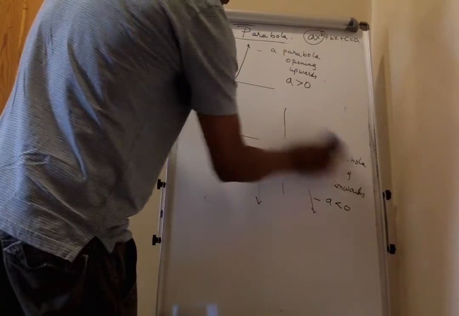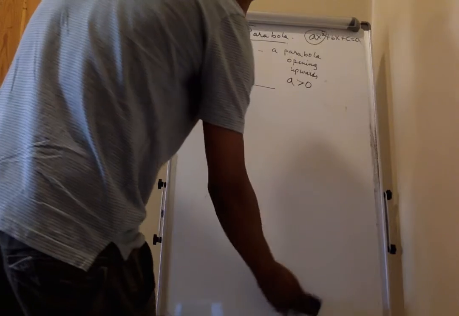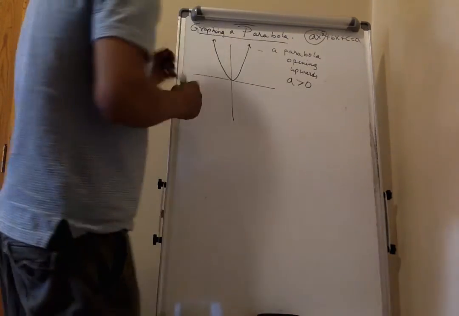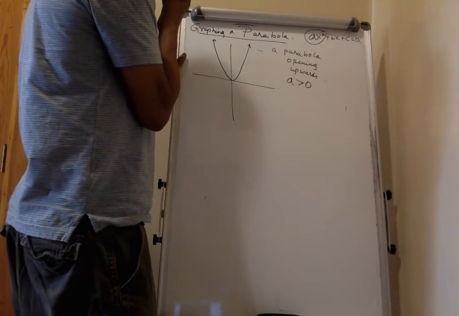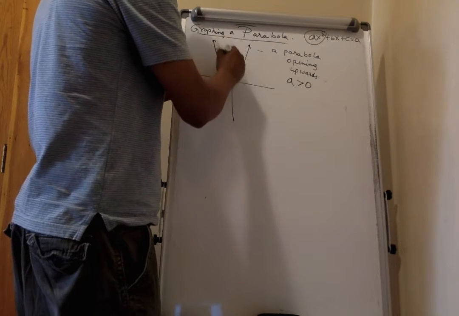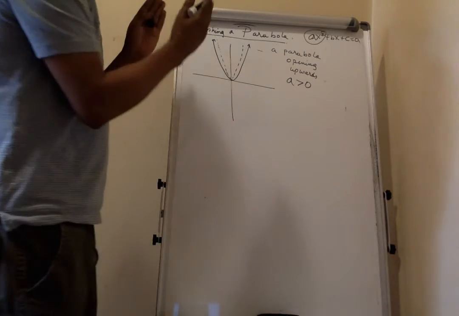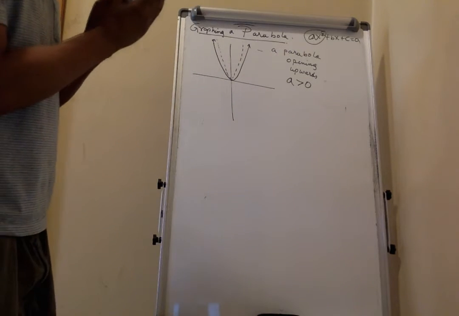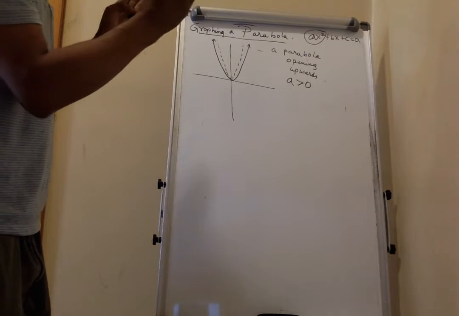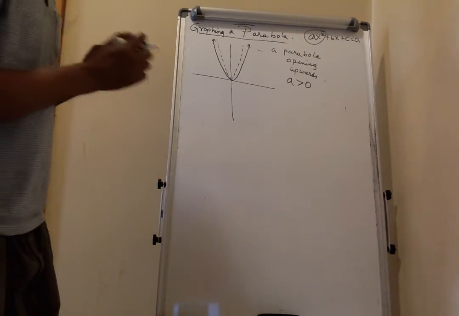Now let's look at this one. Suppose I have a parabola coming closer, the y values come closer and closer to the y-axis, meaning that the parabola contracts.